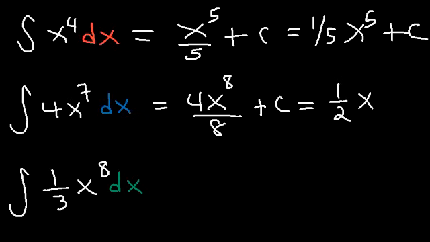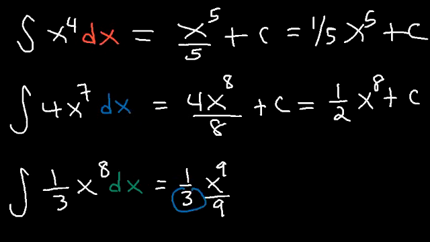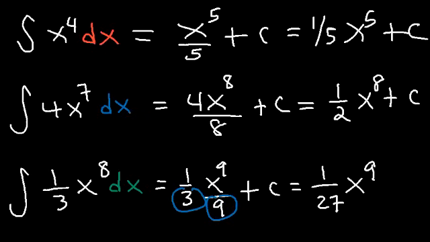So it's 1/2 x to the 8 plus c. Now for the next one, it's going to be 1/3 x to the 9 divided by 9. Now we can multiply 3 and 9, which is 27. So it's 1/27 x to the 9 plus c. As you can see, these problems, they're not that difficult.